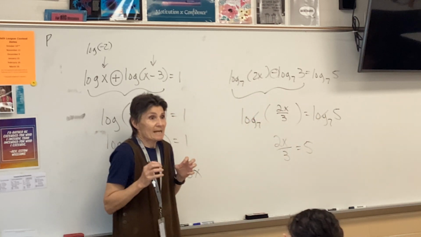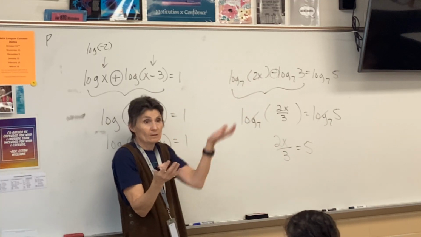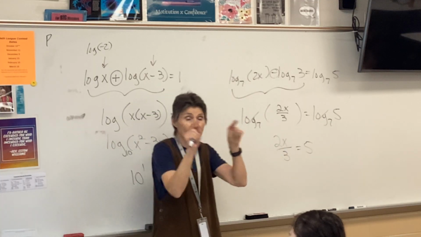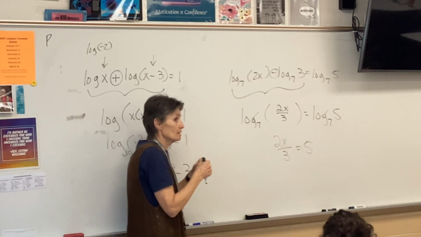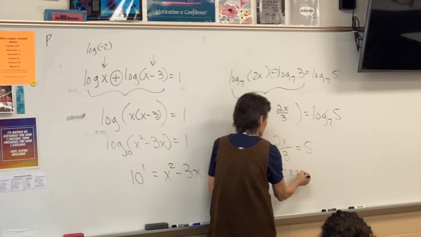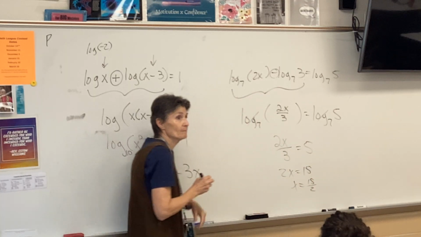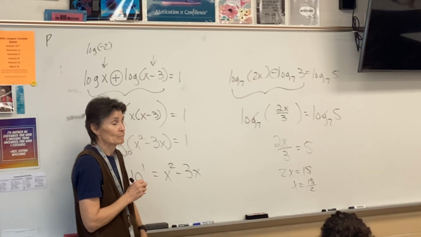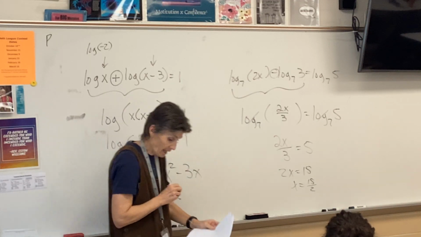That isn't really what's happening, but effectively that's what happens. Log equals log, they're gone, and just the numbers are equal to each other. So 2x equals 15, and x equals 15 halves. Perfect. Last problem.